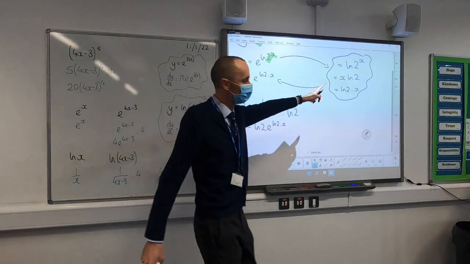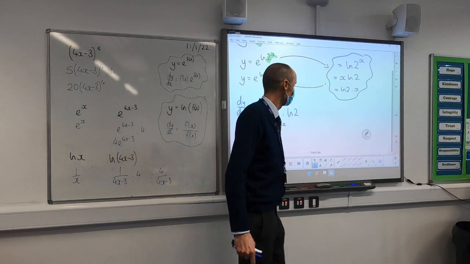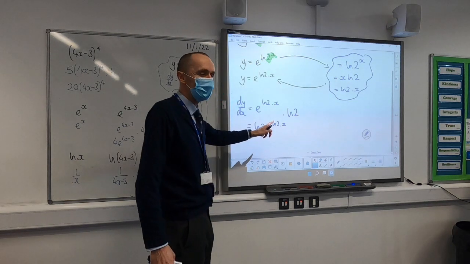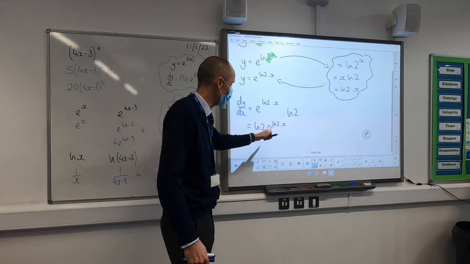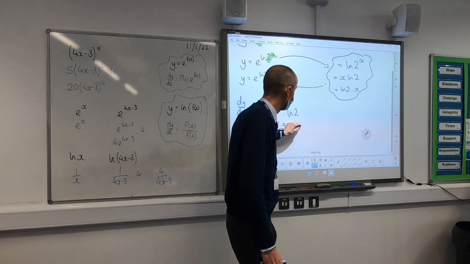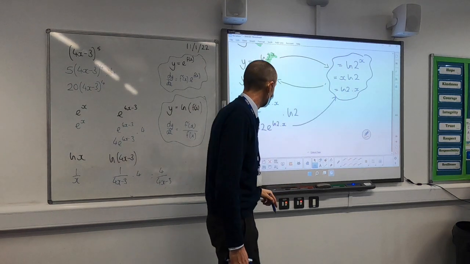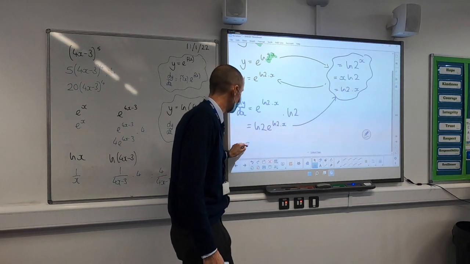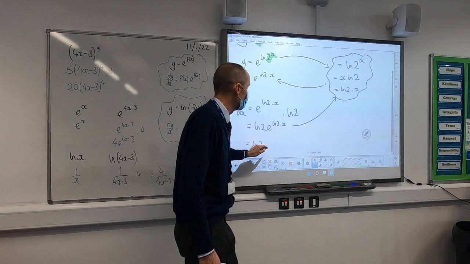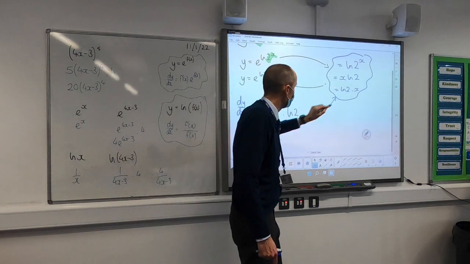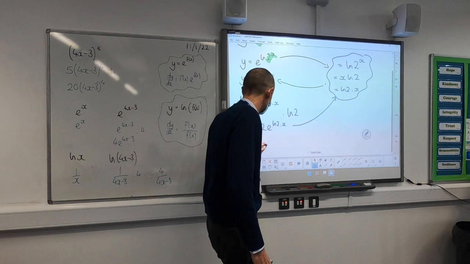Now, do you remember this thing? I'm going to now undo that. So what I've got here is that. So I'm going to rewrite that as ln 2 to the power of x is the same as the ln of 2 to the power of x.